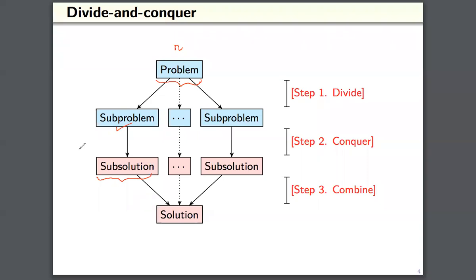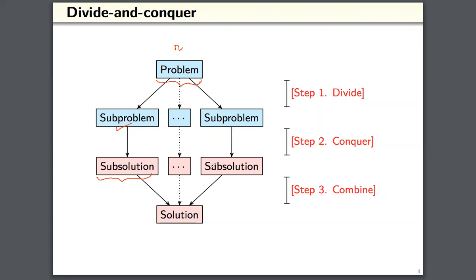In the base case, the subproblem size will be of constant size, maybe n equal to 1, or n equal to 2, or any fixed number, say n equal to 32. You solve that iteratively, and every subproblem that is greater than that base case is solved recursively.